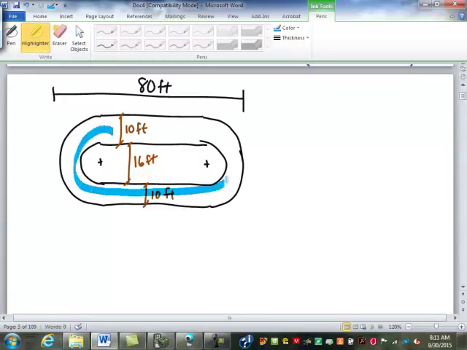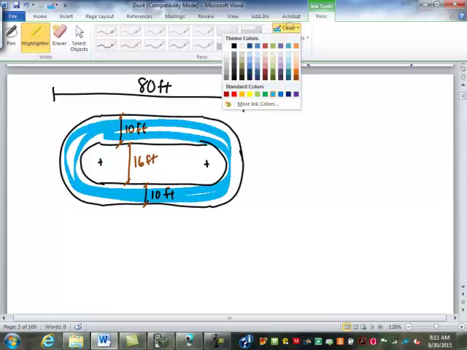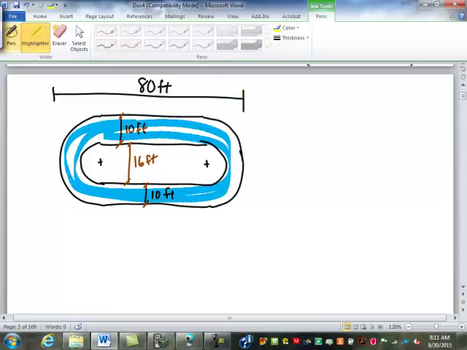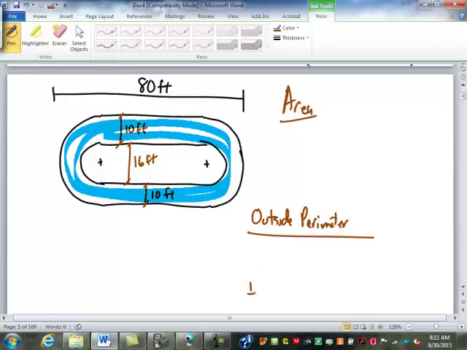Find the area of this part. Find then the outside perimeter. And the inside perimeter as well.